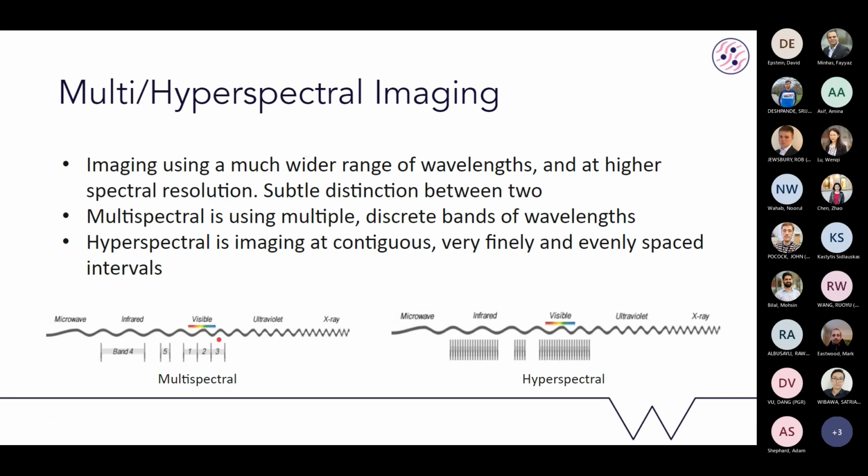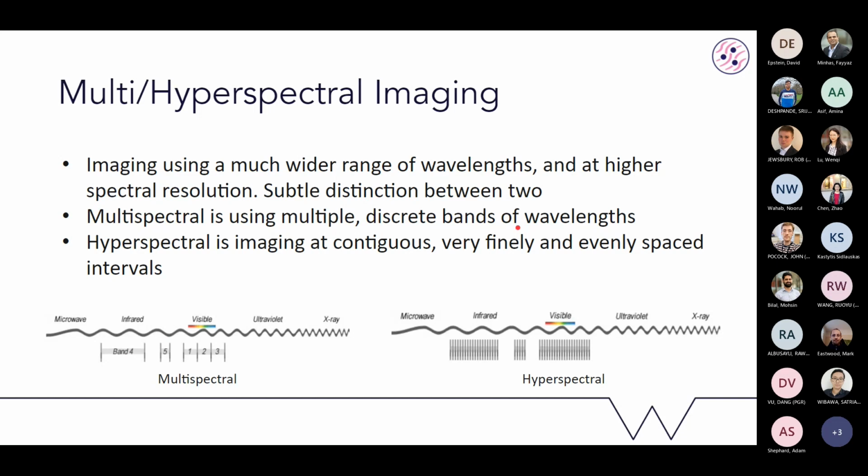Maybe you've got your RGB in the visible and you're adding a couple of bands in the near infrared and infrared. Whereas hyperspectral is more used when you take the limit of lots of small, very narrow bands very close together. You have something like this where you're basically recording an almost continuous version of the spectrum that you're getting out from that particular sample.